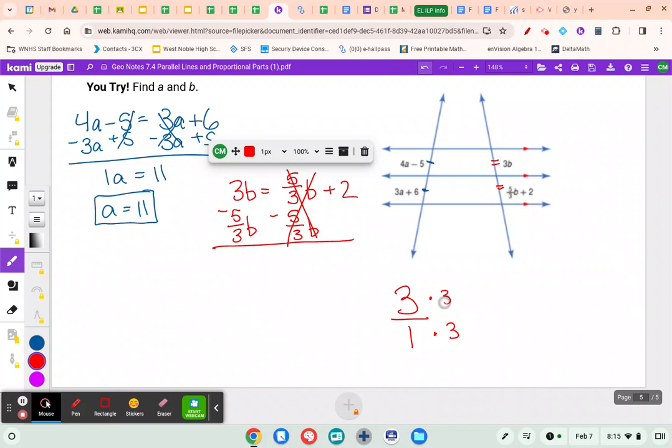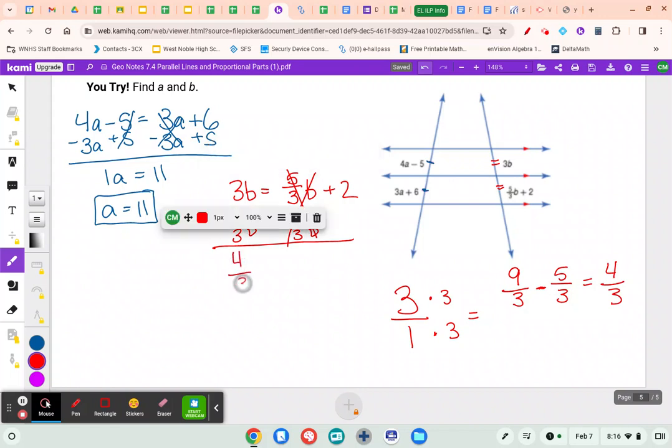So I'm just going to multiply by 3 top and bottom, which will not change it. 9 over 3 is the same as just 3, because 9 divided by 3 is 3. This means up here I was subtracting 5 over 3. So this gives me 4 over 3. Okay, so 3 minus 5 over 3 is 4 over 3.